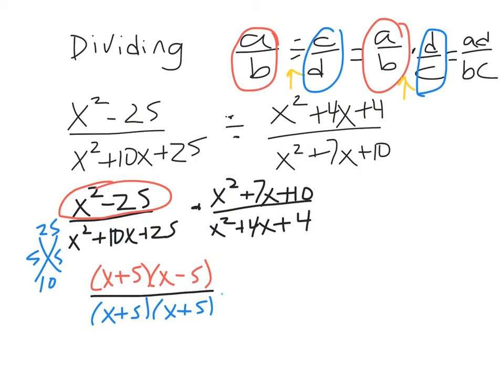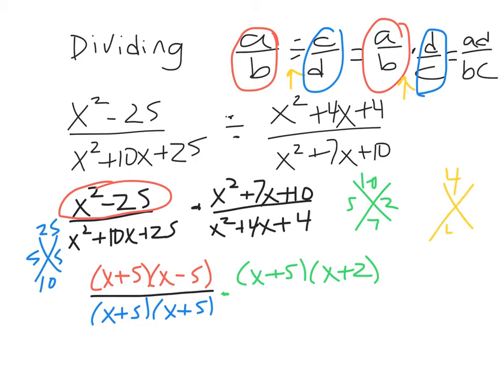Times what two numbers multiply to 10 and add to 7? 5 times 2. And the last one: what two numbers multiply to 4 and add to 4? That's 2 and 2. So x plus 2, x plus 2.